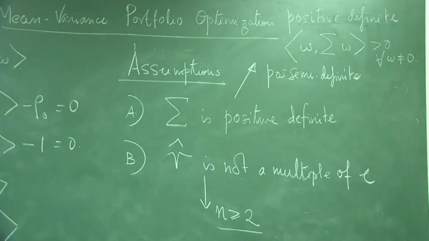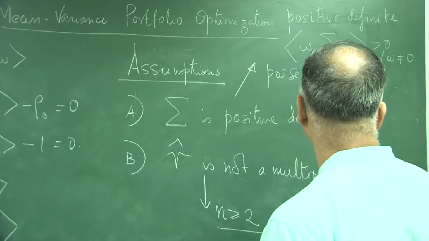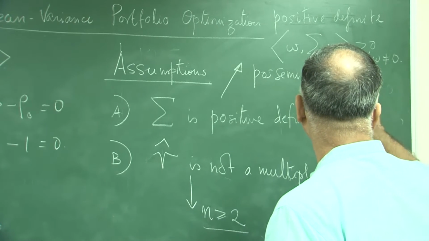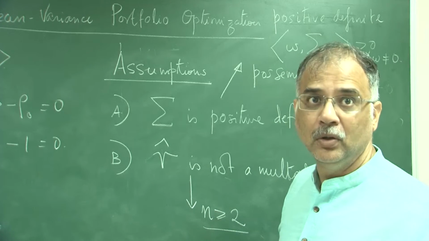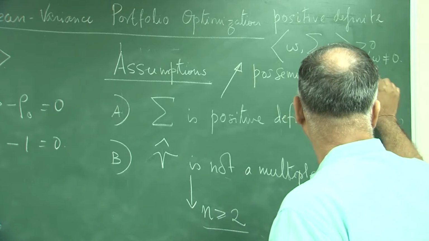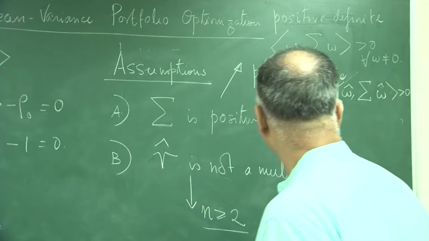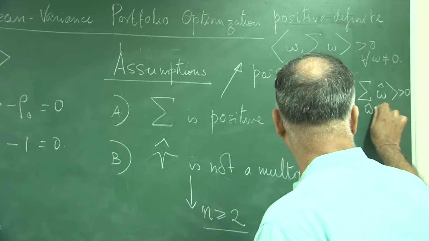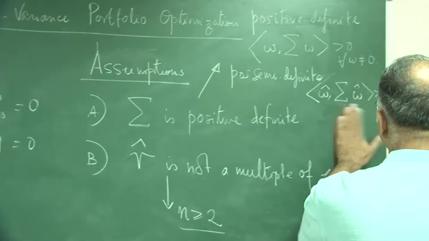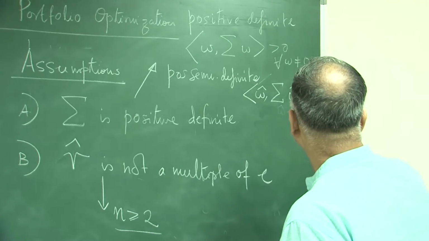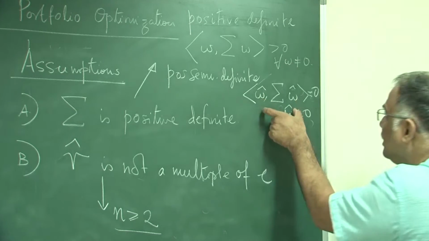this would simply mean the following. There could be a non-zero allocation omega hat such that this inner product is 0.